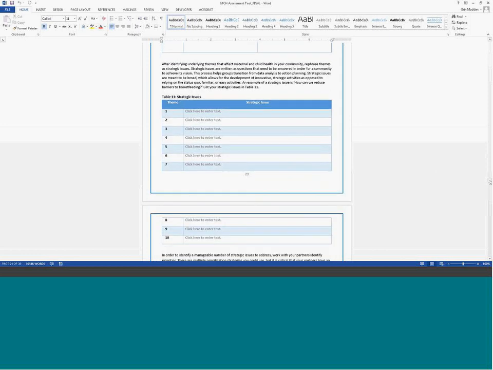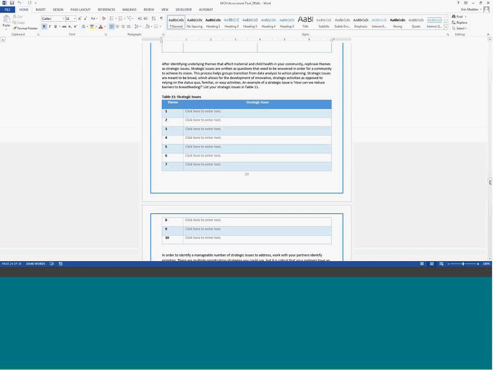Table 11 will identify strategic issues. So typically what happens is there'll be more themes than you can really address in your work plan for LMCH or within your department as well. So you have to step through a process of getting from your themes down to your priorities. And the strategic issues is sort of the intermediate point of getting from themes to priorities. And you'll talk more about that when we get there.